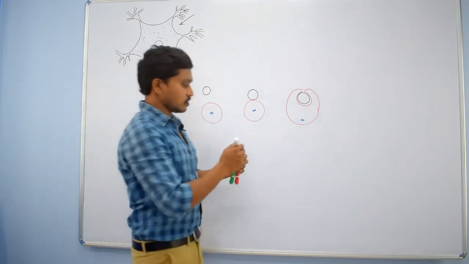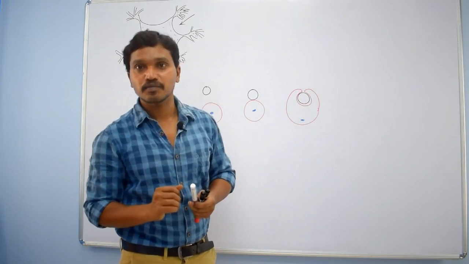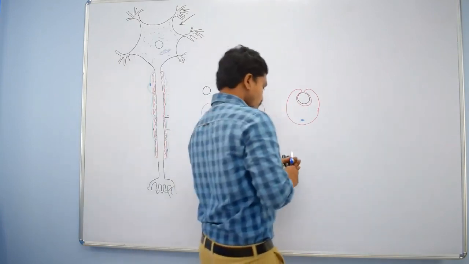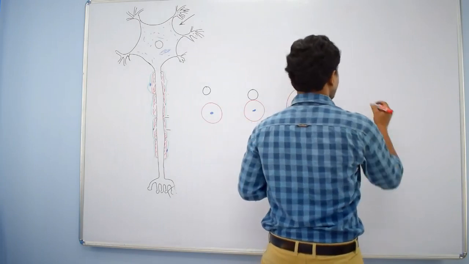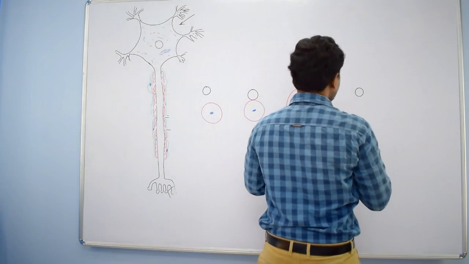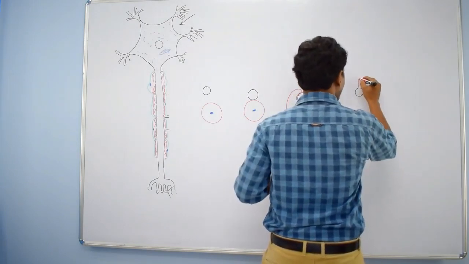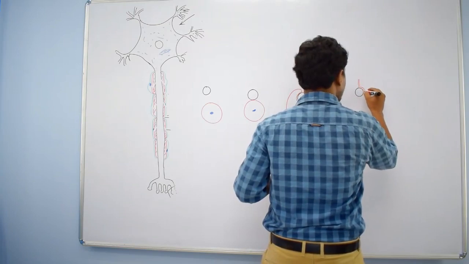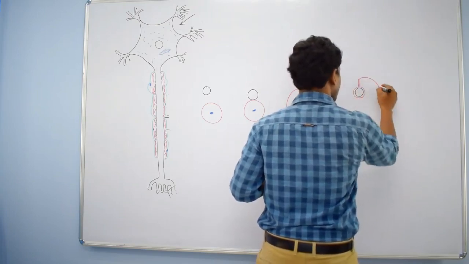Then formation of mesaxon. What does it mean? You must be aware of the mesentery, is it or not? The fold of peritoneum which is suspending the enteron. Enteron means intestine.